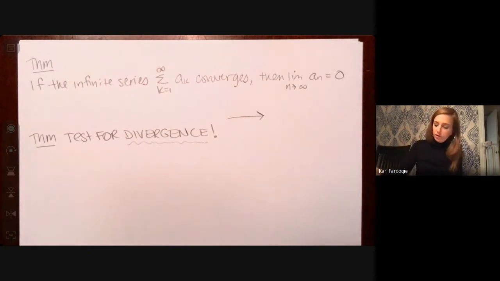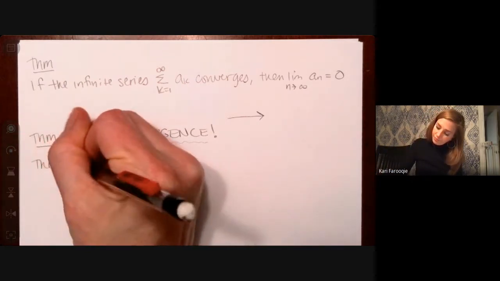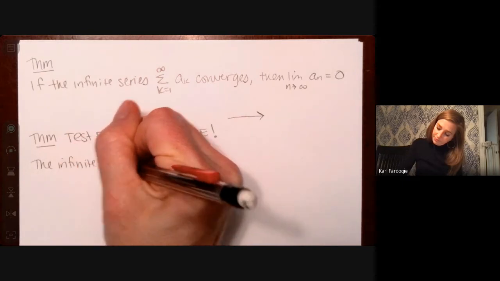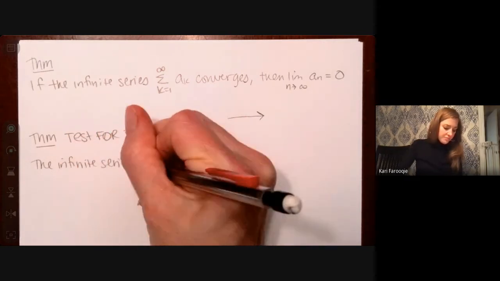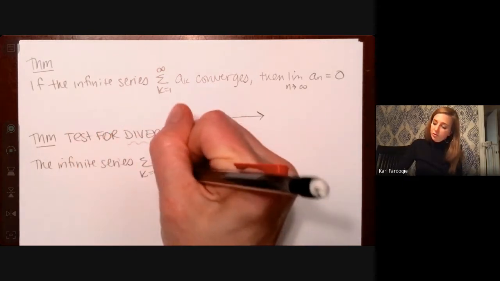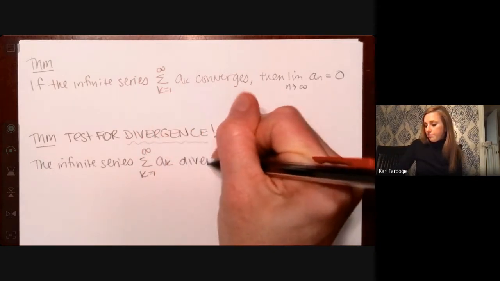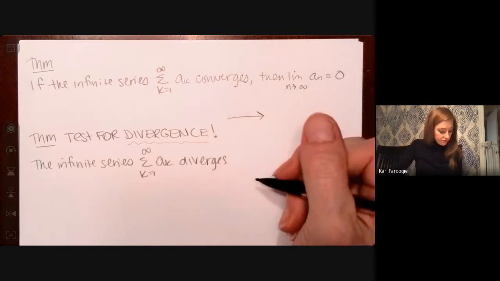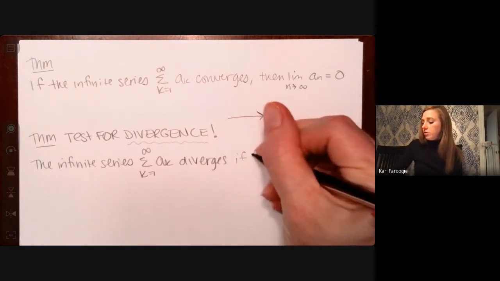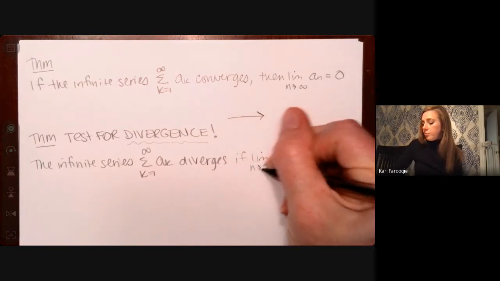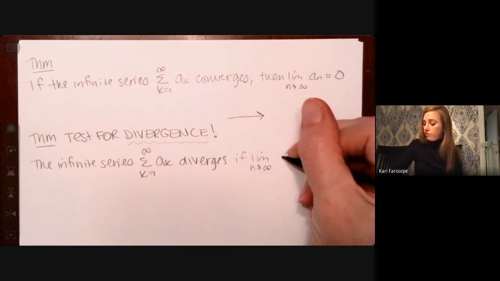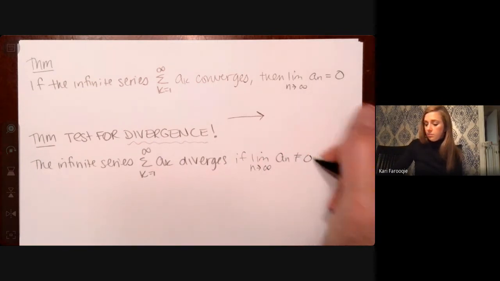The infinite series from k equals 1 to infinity of a sub k diverges if the limit as n approaches infinity of a sub n does not equal 0.